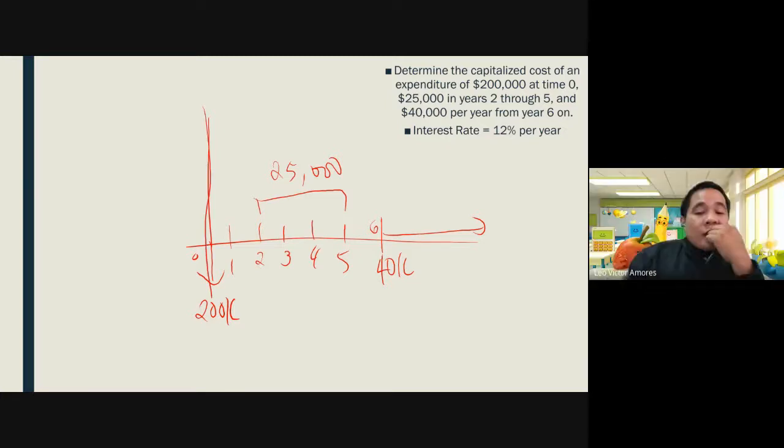Okay, so let's get the present value of all the series of payments.